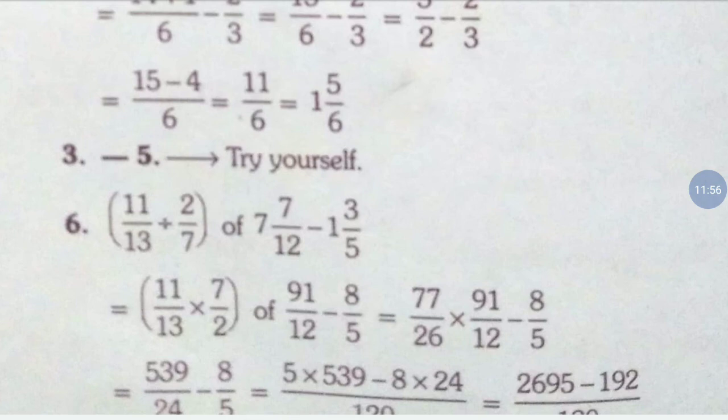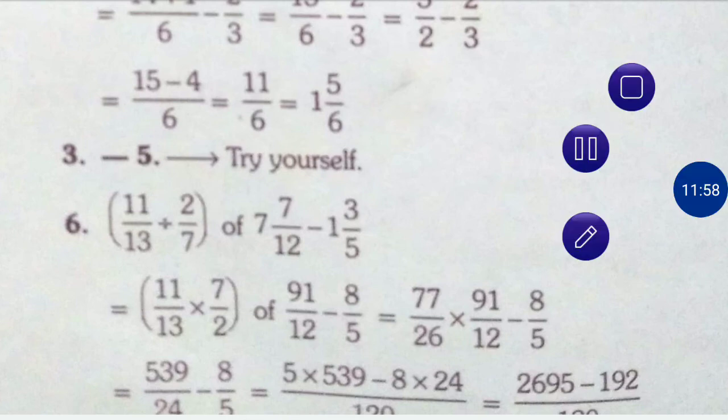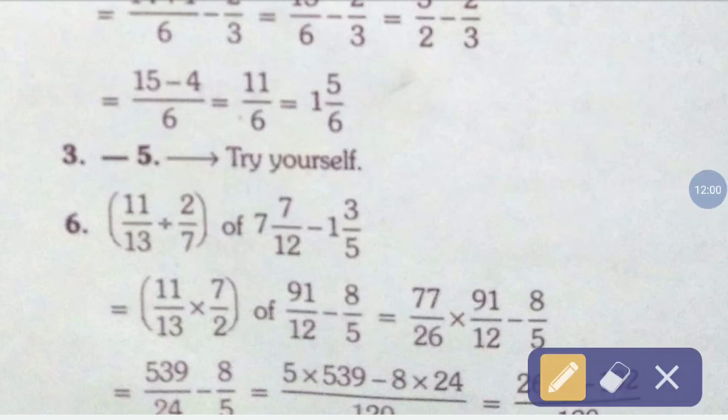As I have written a multiplication sign, now I am going to solve first of all the bracket. 11 upon 13 multiplied by 7 upon 2. So you have to multiply numerator to numerator and denominator to denominator. 11 sevens are 77 and 13 twos are 26. Now we have solved the bracket.